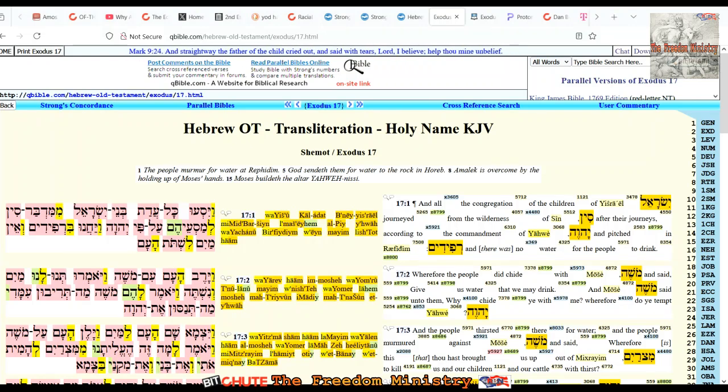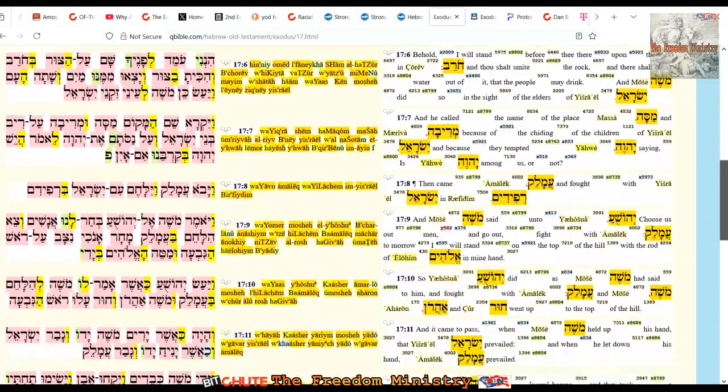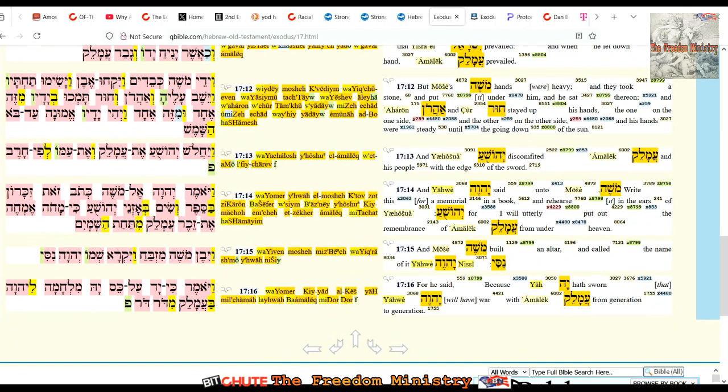If you go to qbible.com, great resource, highly recommended. You go to the Hebrew Old Testament, transliteration with the Holy Name in King James as well. It provides you the Masoretic Hebrew, the transliteration to English, as well as the King James with the Hebrew's Strong's Concordant numbers. Let's go down to the verse we've been looking at, Exodus 17:16, for both examples of having it in the same verse.